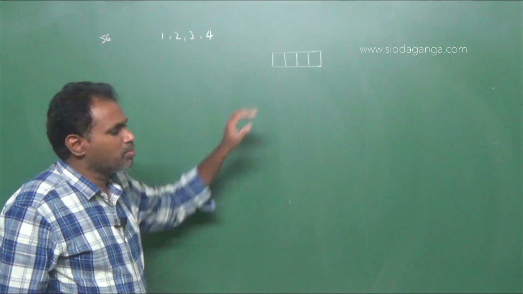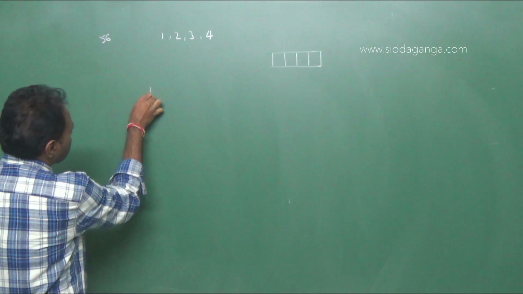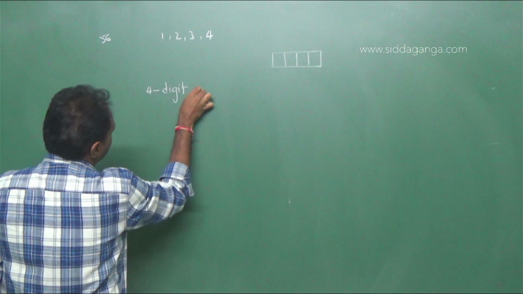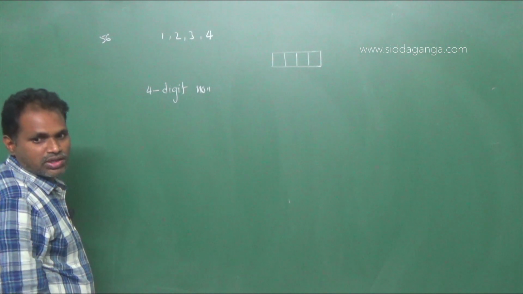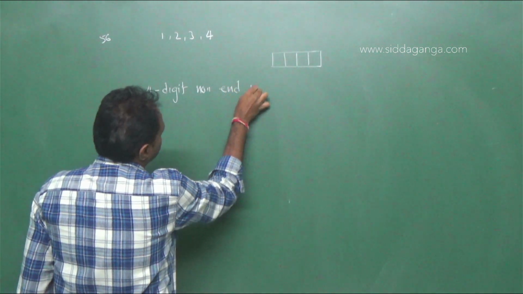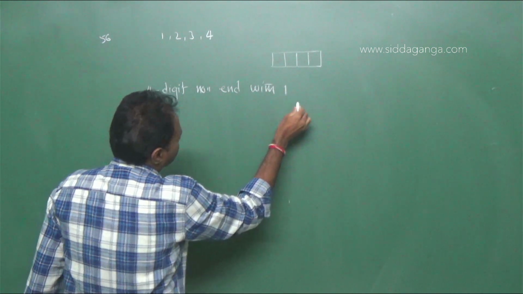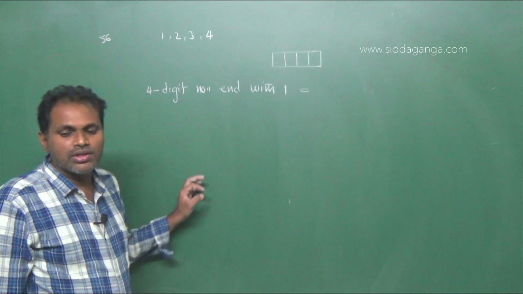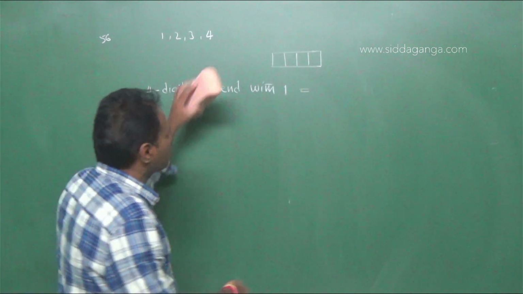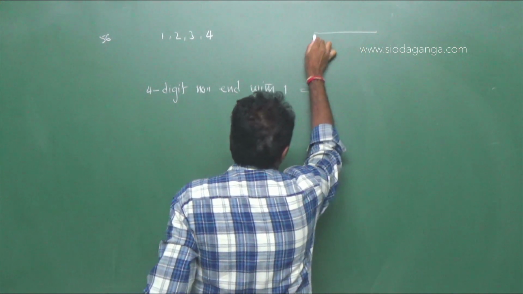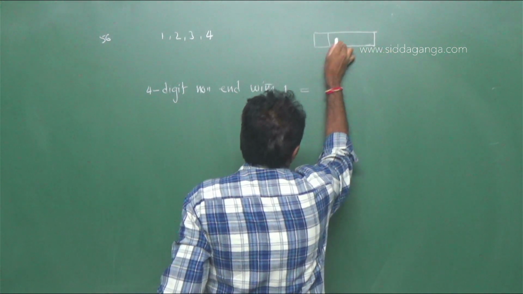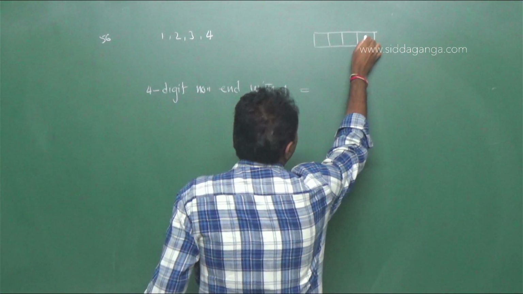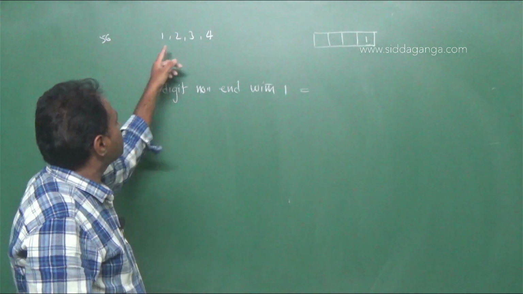Now first I am finding the 4-digit numbers that end with 1. First, fix 1 in the last box, then the remaining digits are 3 digits.